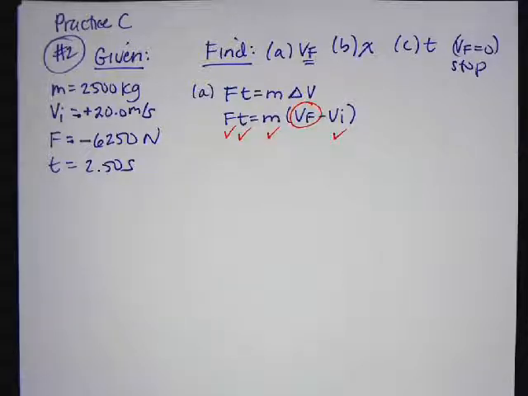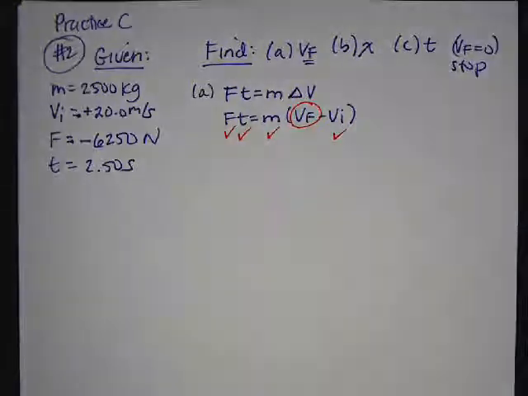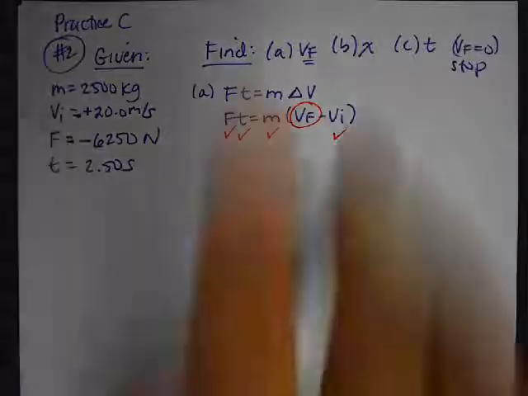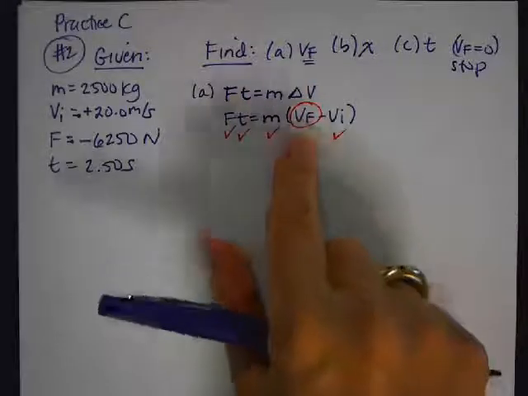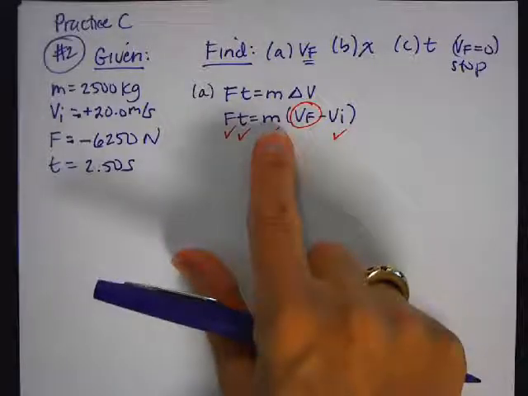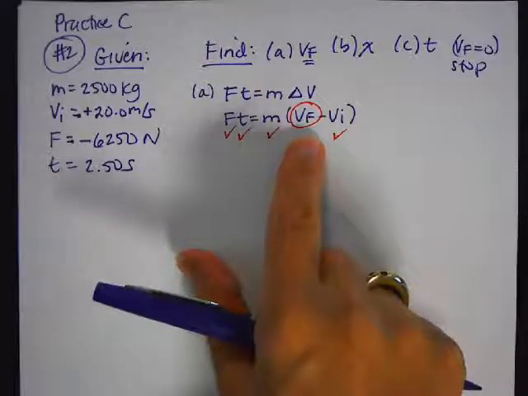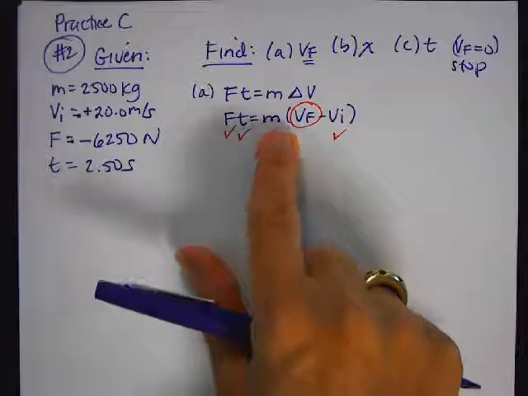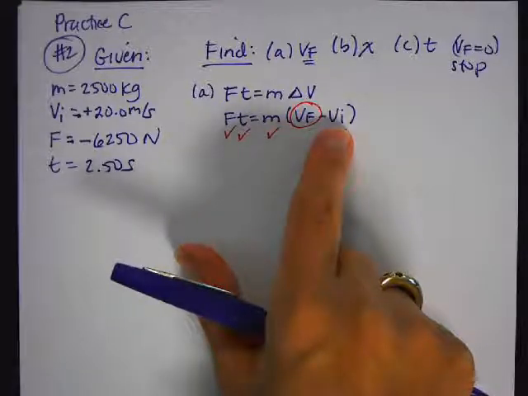Now, this is where people make mistakes. They just plug the numbers in, and when you plug numbers in and you don't rearrange it algebraically, that's how you make a mistake. So we're going to do some basic algebra. Because I want to solve for Vf, I want to leave Vf by itself, but I see that both of these are multiplied by m.